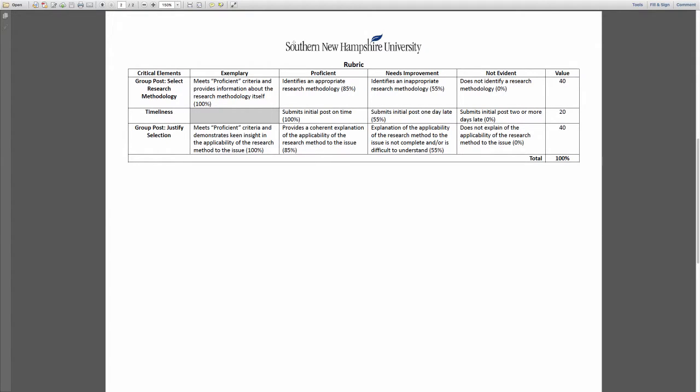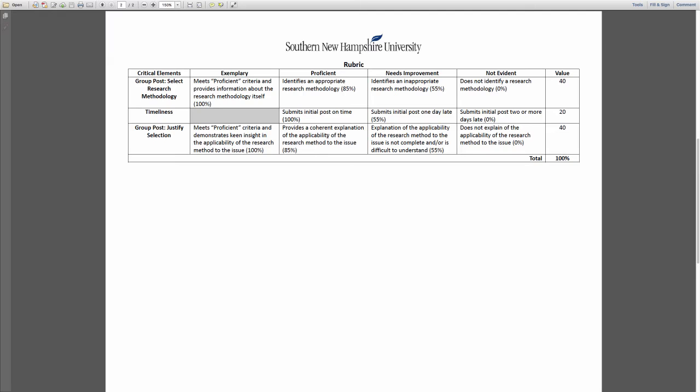So again, if we look at a proficient grade, an 85%, you identify appropriate research methodology, and you provide information about the research methodology itself. And that methodology you can find in the overview to start with, where it talks about qualitative and quantitative research methods. You have to submit it on time, or you give up 20% of your grade. So 20% of the 85% means you're not going to pass.